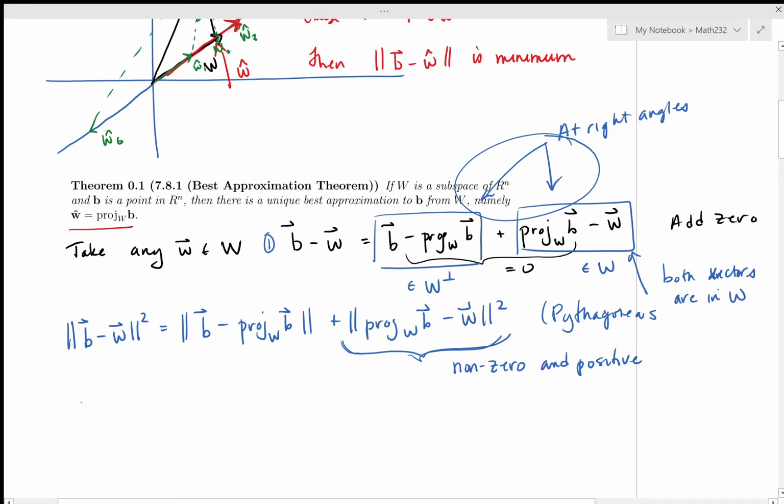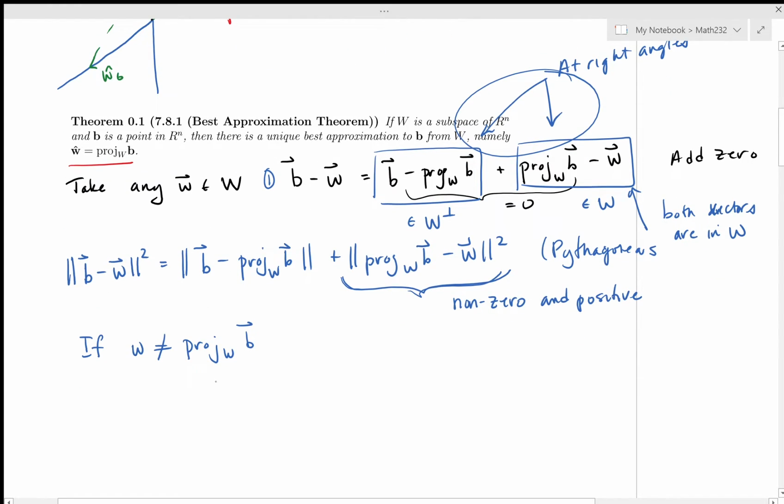So that means if W is not equal to the projection of B onto W, then the norm of B minus the projection of B onto W squared is less than this guy here.